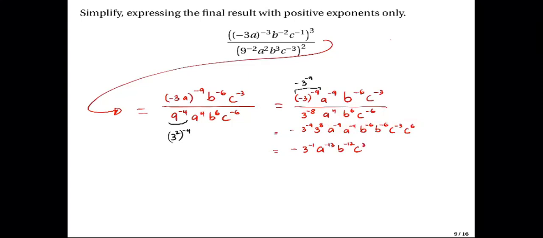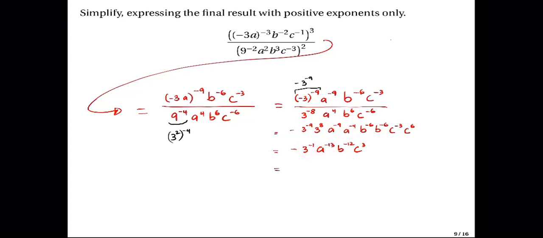Okay? So if we simplify everything, we now bring these two guys here to the denominator because they have negative exponents. We want positive exponents only. Also, this guy here has a negative exponent, so we also bring it down.